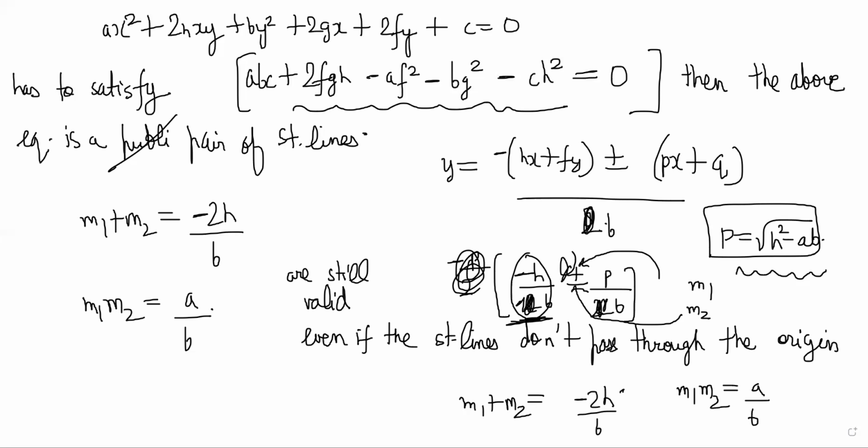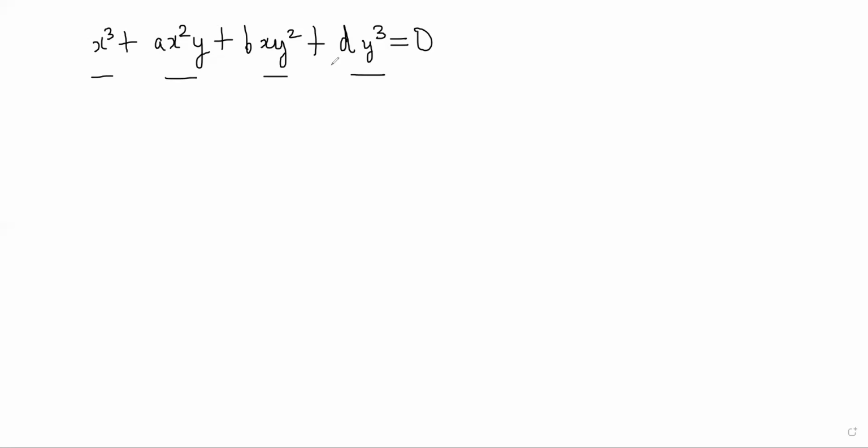Sometimes you might get equations like this. Let's say we have the equation x cube plus a x square y plus b x y square plus d y cube is equal to 0, right? The first thing to notice here is that these are degree 3 terms, so it is a homogeneous third degree equation.